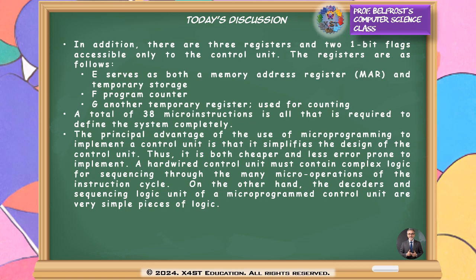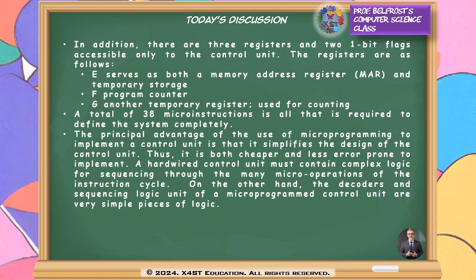architecture. Okay, the principal advantage of the use of microprogramming is to implement a control unit in a more simplified design. Thus it is much cheaper, and also it is less error prone to implement. Whereas a hardware control unit must contain complex logic for sequencing, and it needs many microoperations of the instruction cycle.